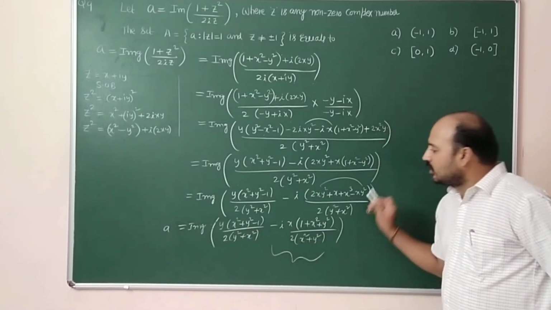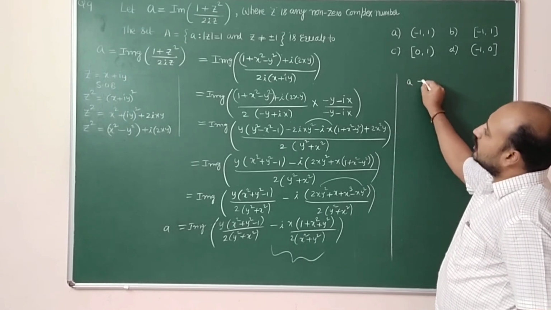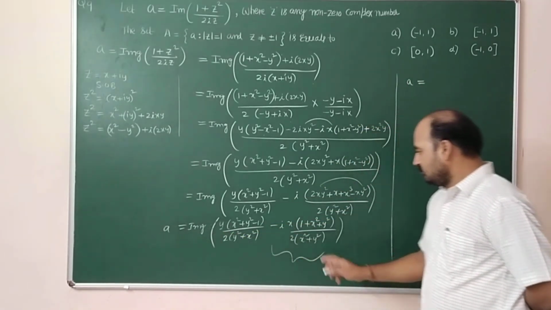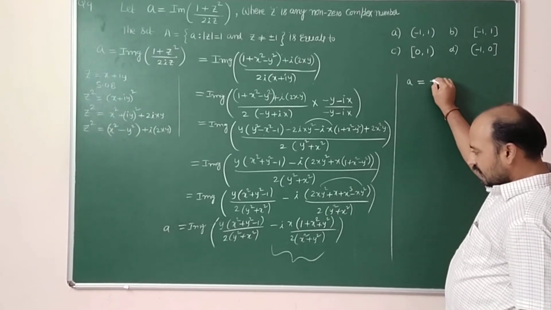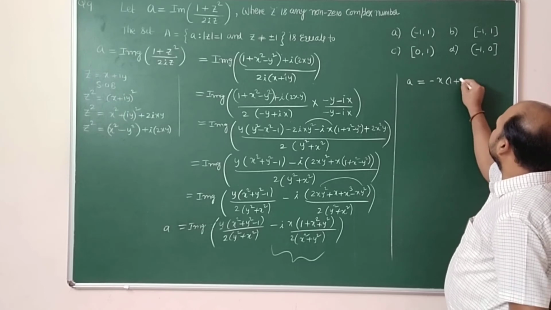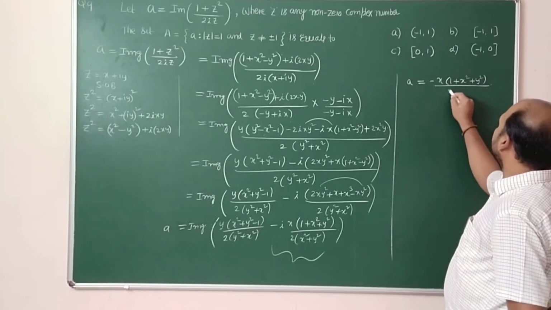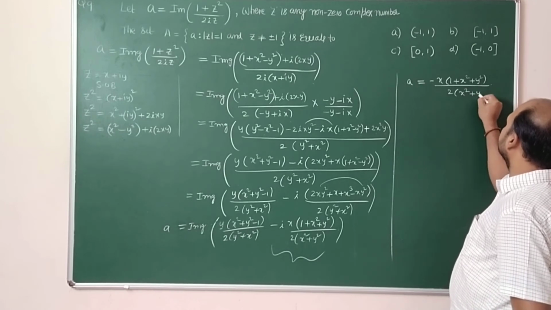So what is the imaginary part? This is the imaginary part. So now a equal to the imaginary part of this one, minus x into 1 plus x square plus y square divided by 2 into x square plus y square.